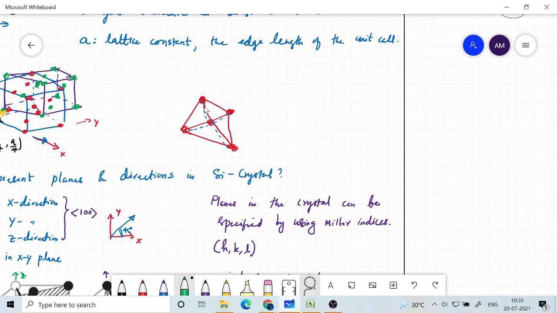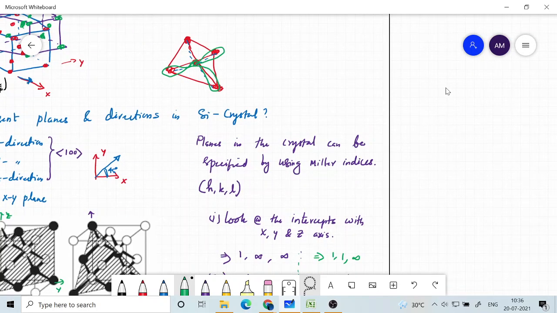So this is one sp3, this is the second sp3, this is the third sp3, and if the fourth one is not there, it can't make that sp3 bond. So therefore this atom above the bottom 3 atoms is left unpaired, and therefore it is very highly reactive. So when you look at any surface, we want to minimize that.